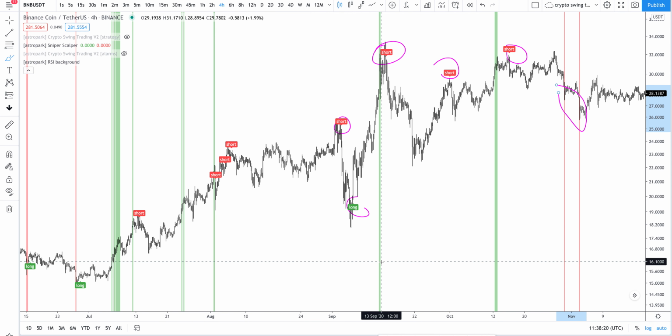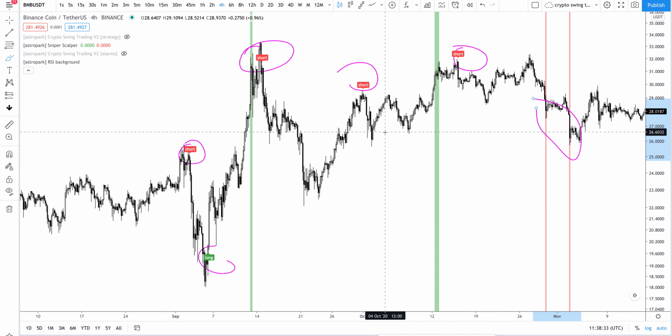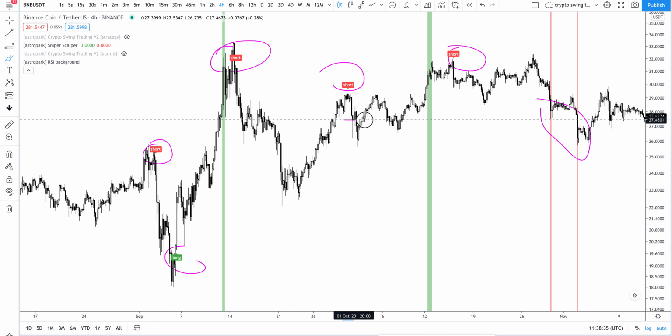Especially if you are not greedy, what I always say to my students is also this: you must not be greedy when you are in profit in a trade. You can always close 20% of your position, 30%, maybe 50% of your position, and then you put the stop loss at entry.